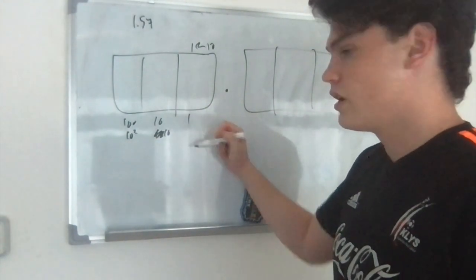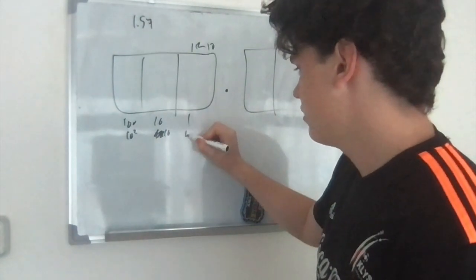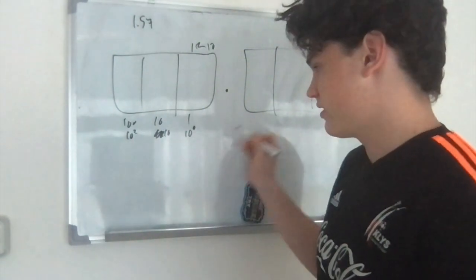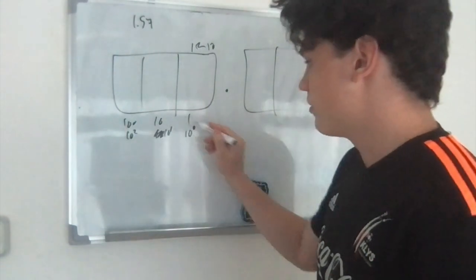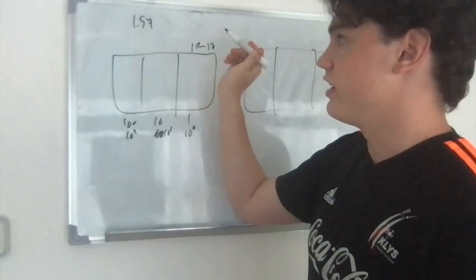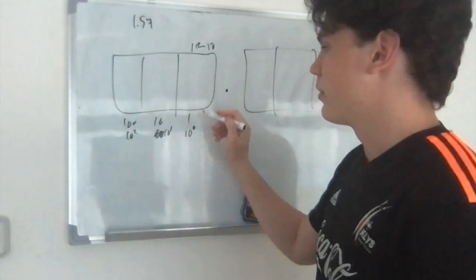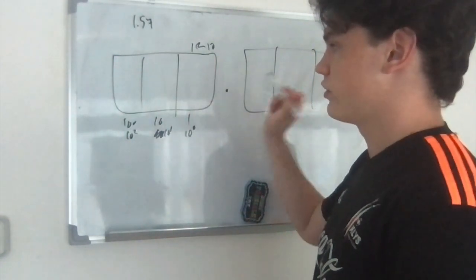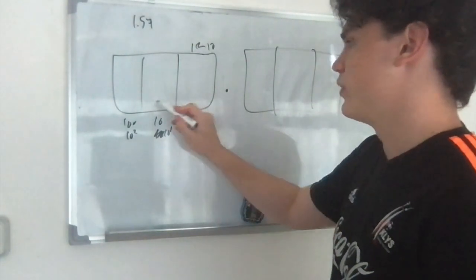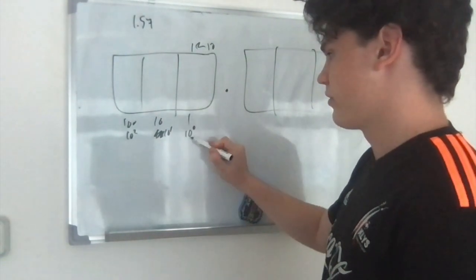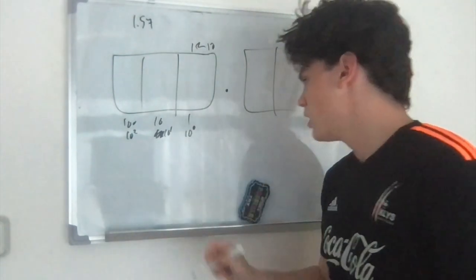Well, this would have to be 10 to the power of 0. We know this because to get to the next box this way, we must multiply by 10, because we're asking for 10 sets of such. So going back the other way, we simply divide by 10 to get the value, so that would be 1.